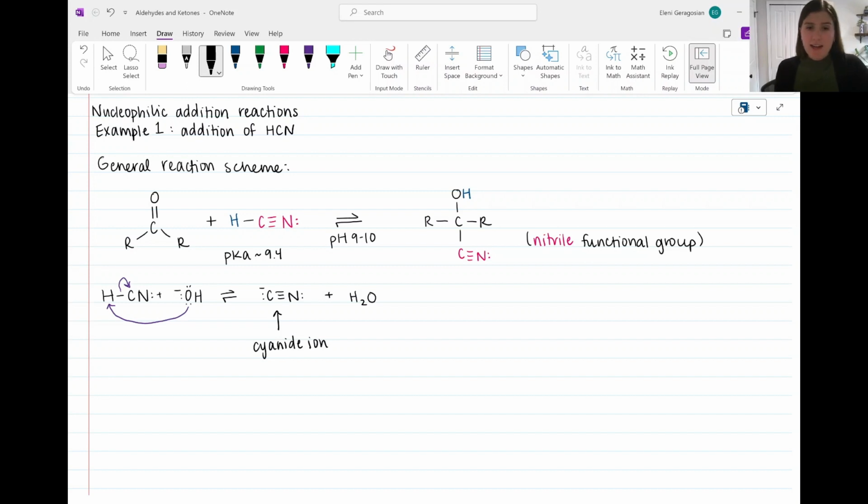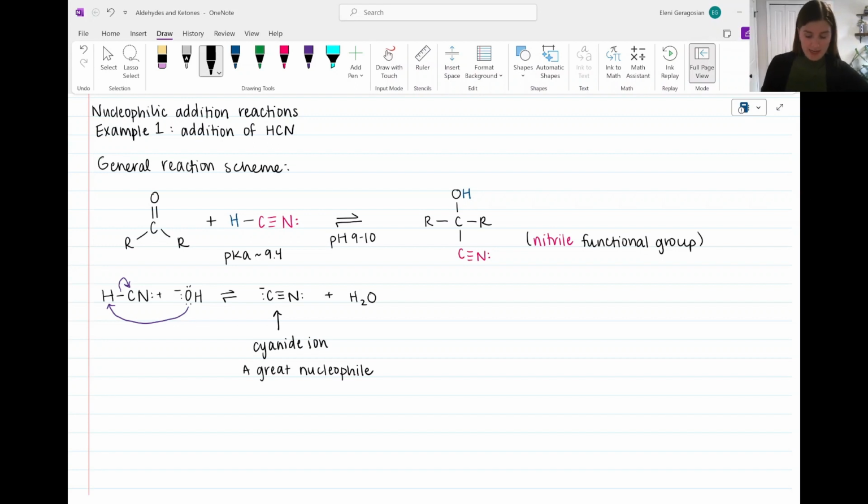In the cyanide ion, we have a negatively charged carbon with a lone pair of electrons. This is a great nucleophile. So now we can do nucleophilic addition.